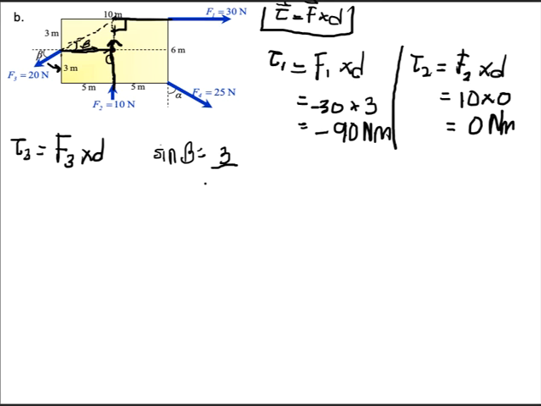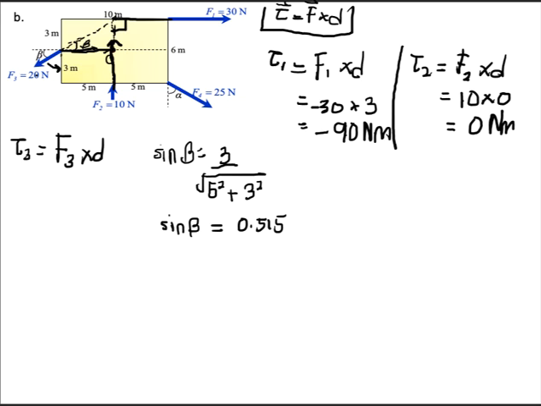The hypotenuse is by the Pythagoras theorem 5 meter squared plus 3 squared. Press your calculator. Sine beta will be 0.515. No need to take arc sine because we can keep sine beta as the subject.